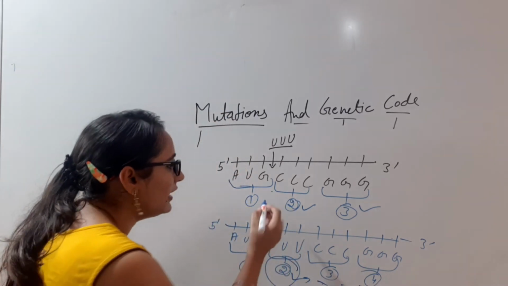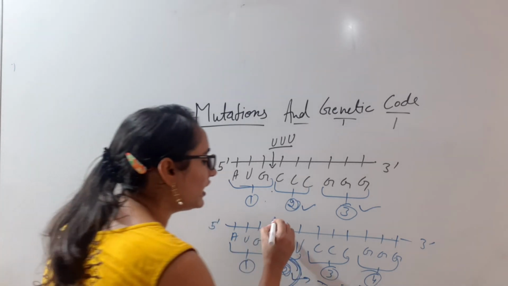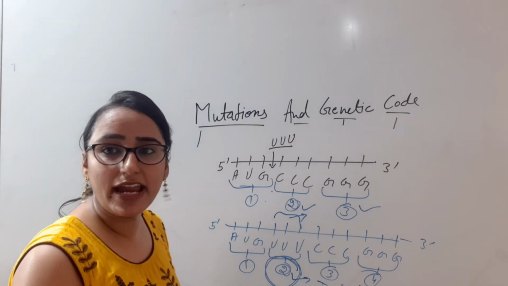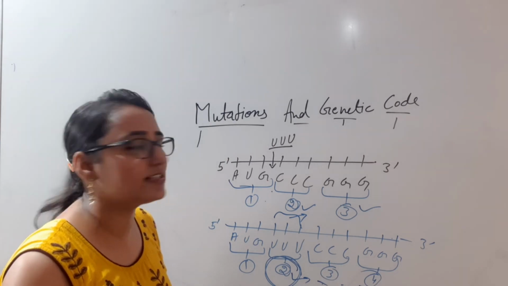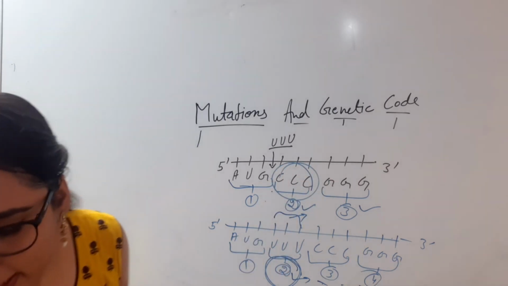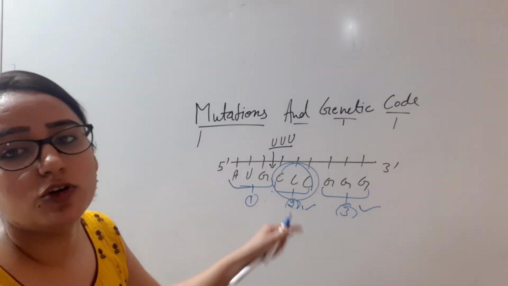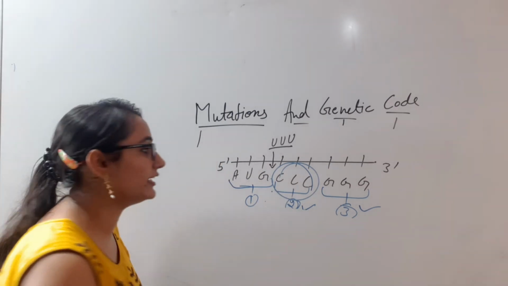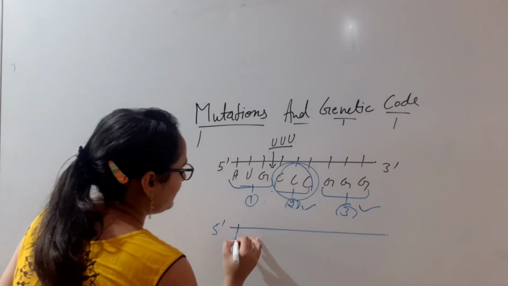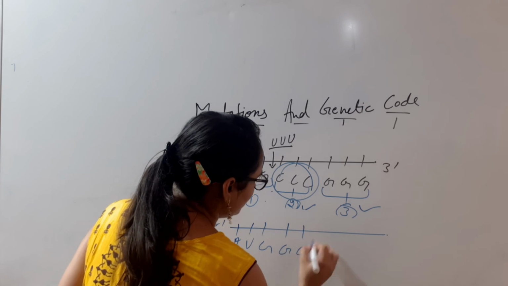See, here a codon will be added at the second position. This codon will ultimately code for some different amino acid. So a new amino acid will be added into the protein sequence. But if this codon, that is the second codon CCC, gets deleted, then the new sequence of the mRNA will be AUGGGG.